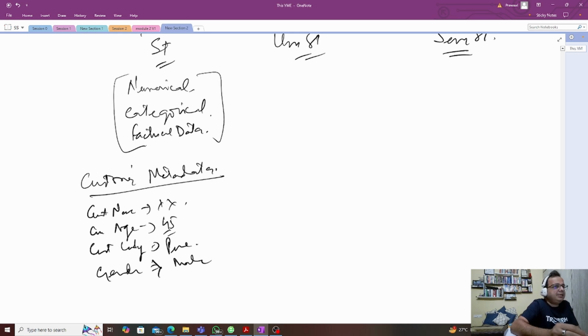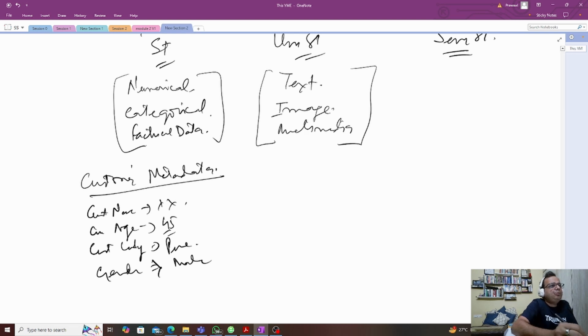In unstructured data, it is mostly text data or some kind of image or any other multimedia. You may not be able to get a lot of sense out of it directly if you process this as numerical or categorical data.